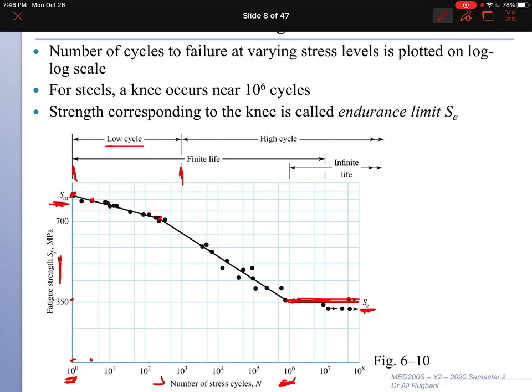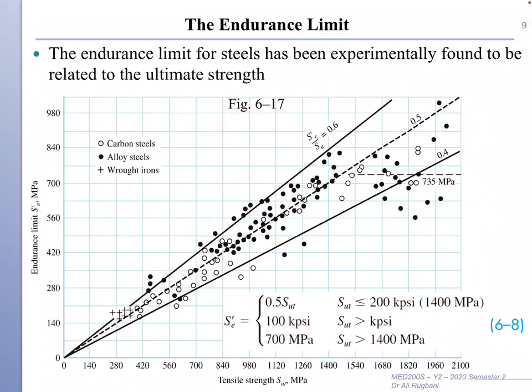Okay, so now if you identify this point here at 1000 cycles, then you can easily complete the whole curve. Okay, so we need the strength of failure at this point. Experiments show that the value of endurance limit is linked to the ultimate strength.